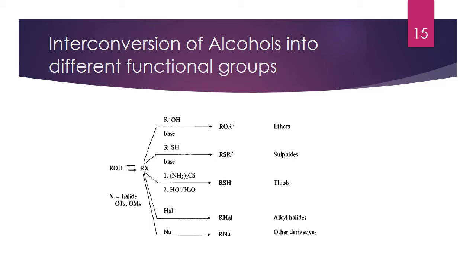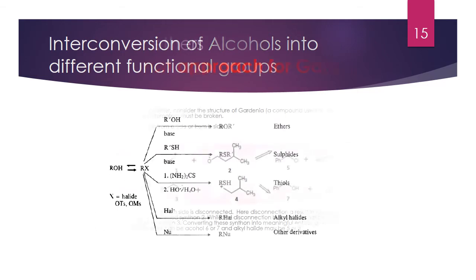So you can form thiols from alkyl halide, or we can displace this OH, right? In case the X is tosylate, upon reaction with the halogen, you can convert it into alkyl halide, and by making use of any nucleophile, you can bring any nucleophile in place of this X. The X can be halide, it can be tosylate, or it can be mesylate.